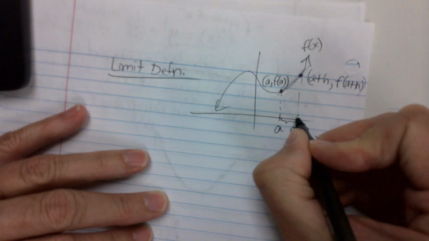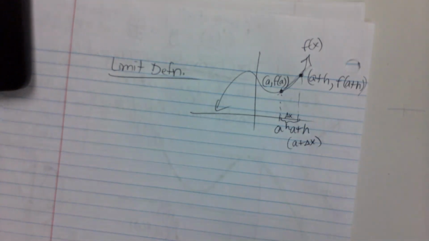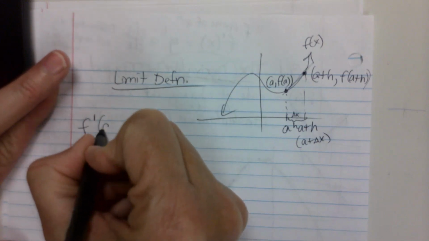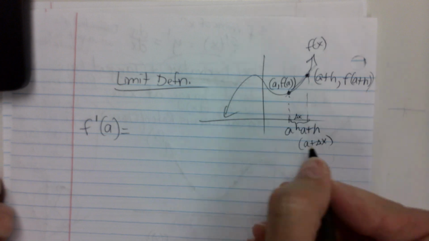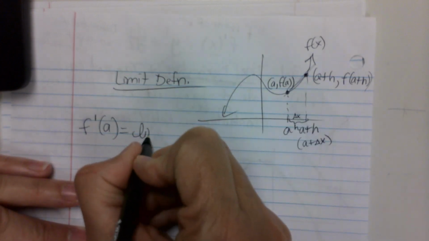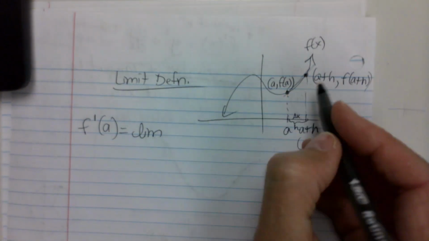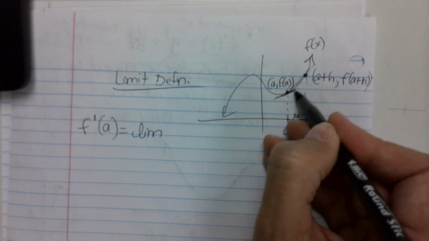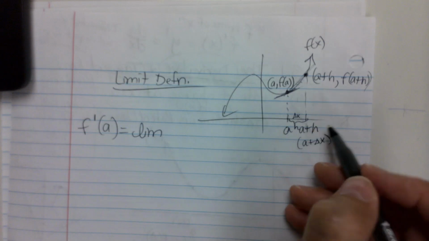And so this distance right here is my h, or delta x value. So if I'm still trying to find the slope of the tangent at a with my new terminology and limits, what is going to have to happen in this terminology?